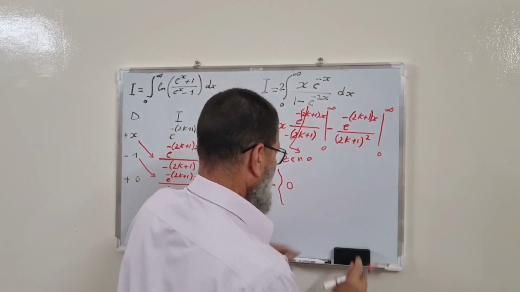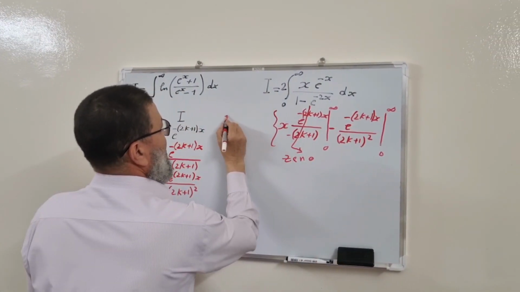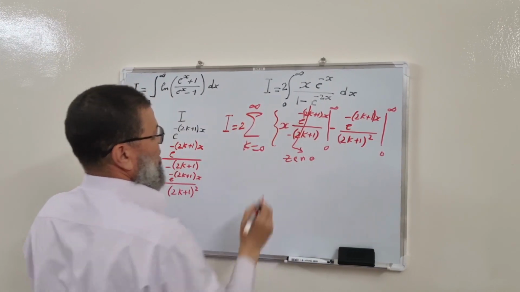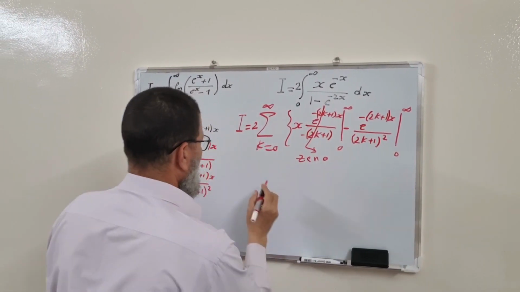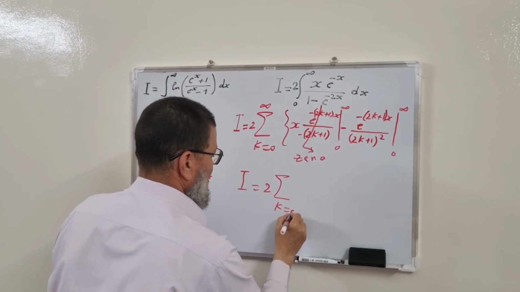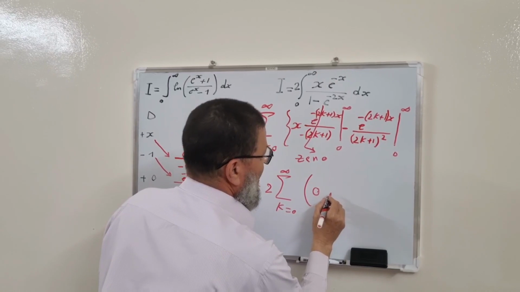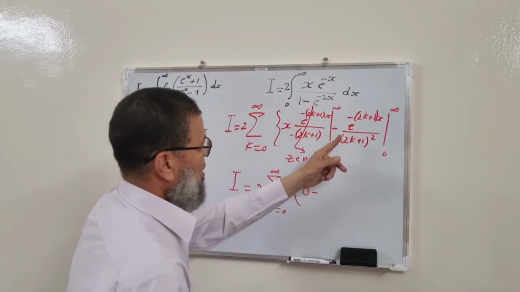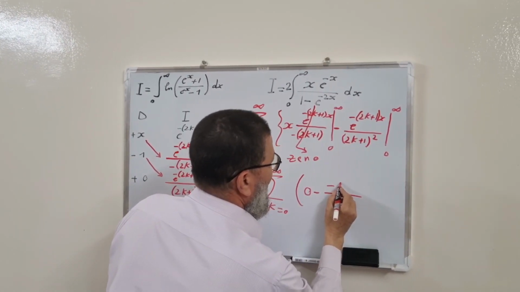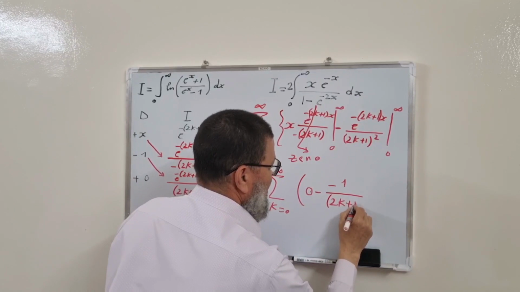At x equal 0, I equal to the sum over k from 0 to infinity; the first term will be 0, and the second term will be 1 divided by (2k+1) squared.